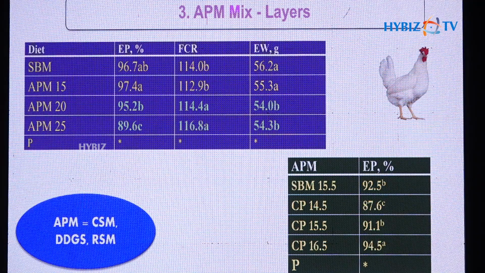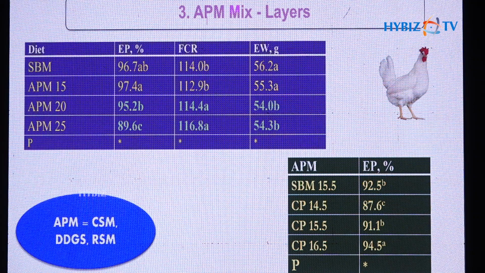That means practically we use an alternate protein mix. So to simulate this condition, we did three consecutive trials, where we used soybean, and we made an alternate protein mix using cottonseed meal, DDGS and rapeseed meal in 3:2:1 ratio. So that mix we added at 15, 20 and 25% in the diet.